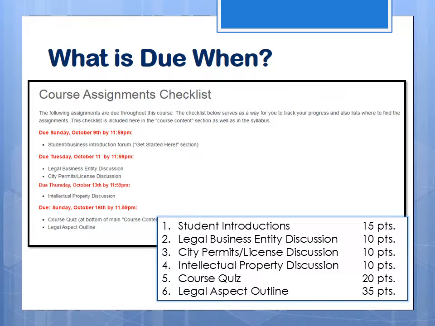I have them up here for you, but you can always check them out in Canvas. So you have something due on the first Sunday, the first Tuesday, the Thursday, and then the last Sunday. So like I said, it's a down and dirty course.